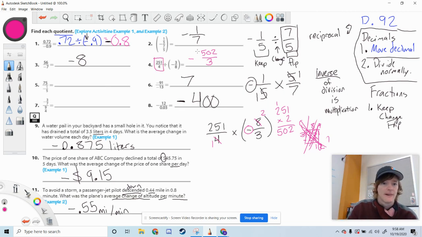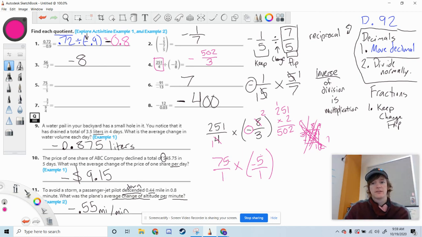Number 5, it's negative 75 divided by 1/5. And I'm going to already do the change and flip. So this is change and flip to 5 over 1 that is negative. Now 75 is a whole number, so that is over 1. Okay, so the 1 goes on the denominator.